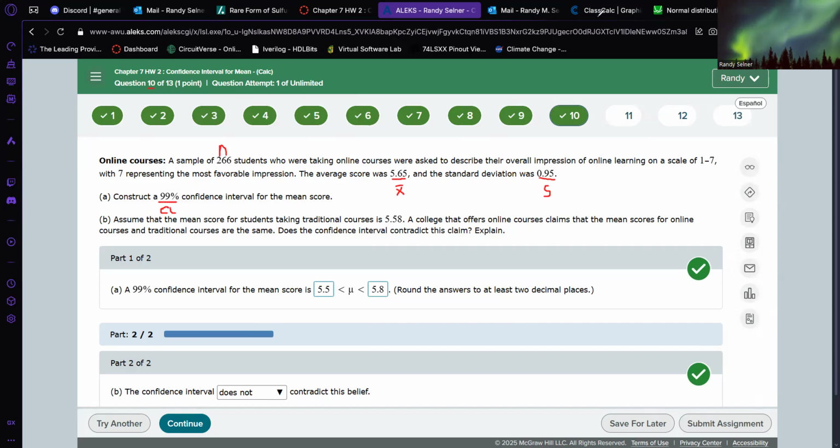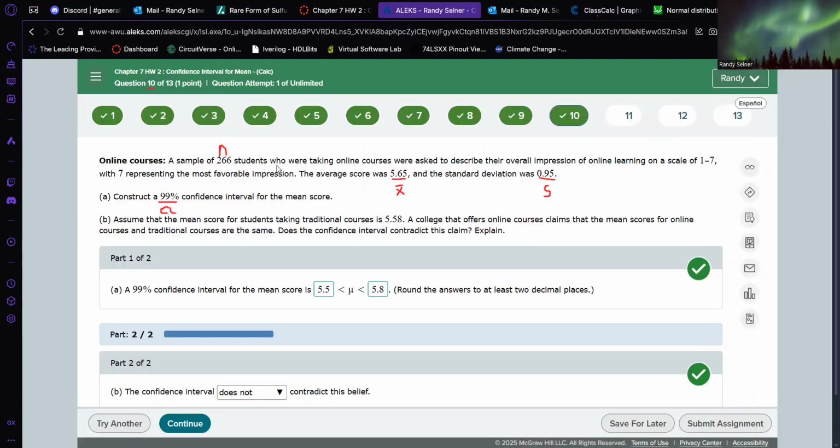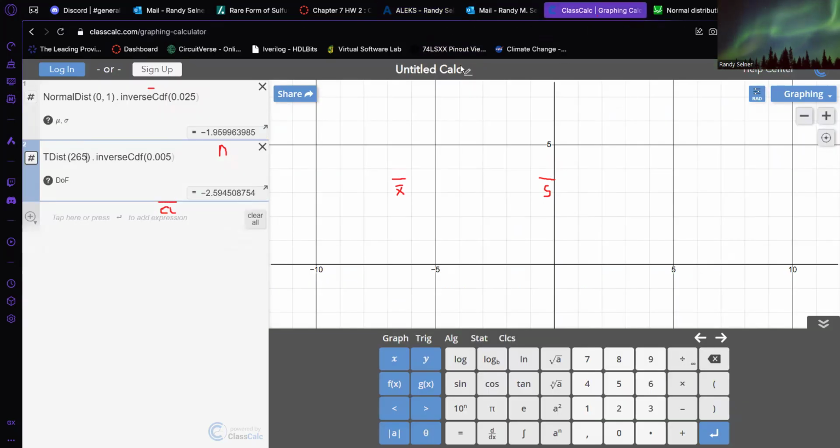come over here to Class Calc. And right here we have 266 minus 1 as degrees of freedom. Here's n equals 266, subtract 1. And we find the inverse CDF, which gives us the score for alpha over 2.